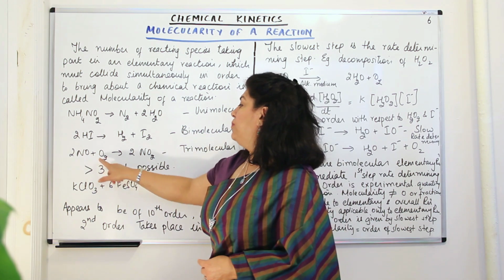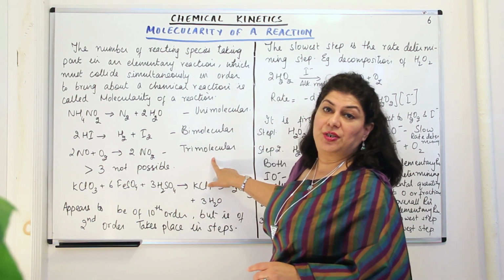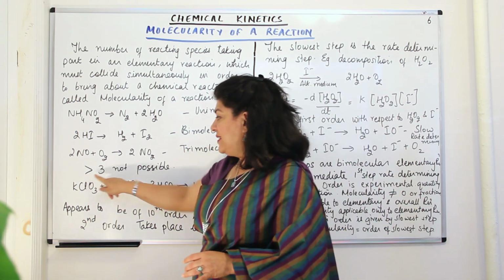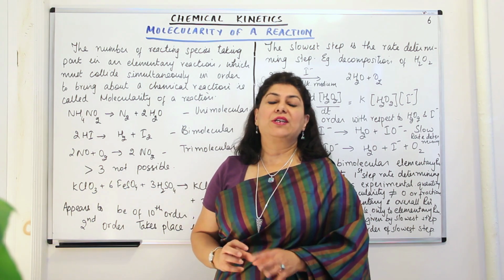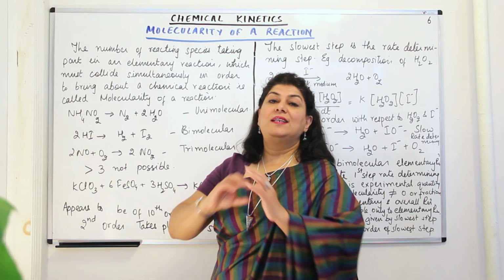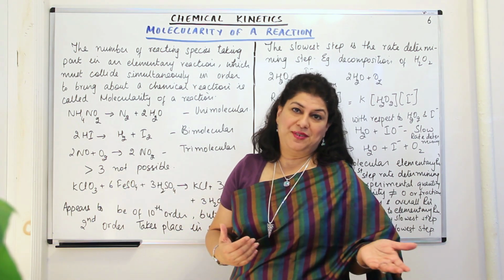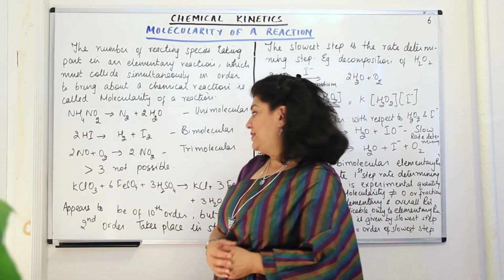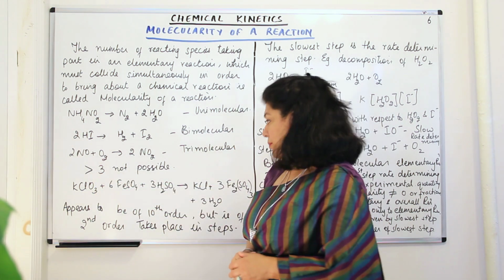So 2NO plus O2 to give you 2NO2 would be a trimolecular reaction. If the molecularity appears to be greater than 3 in a reaction, it means it is a complex reaction, and obviously it has other steps, and you must try to find out what the steps are. So a molecularity greater than 3 is not possible.